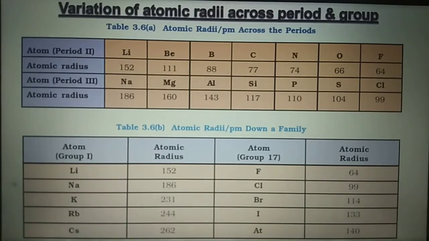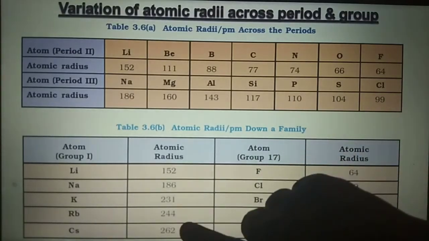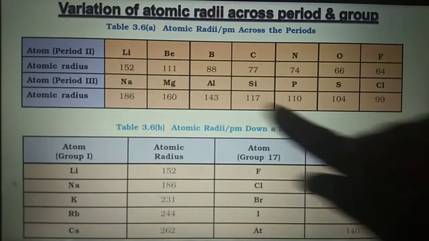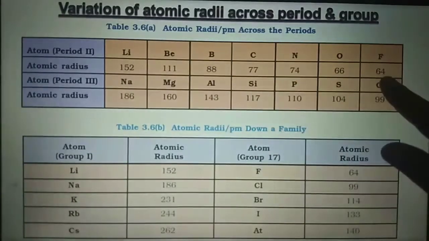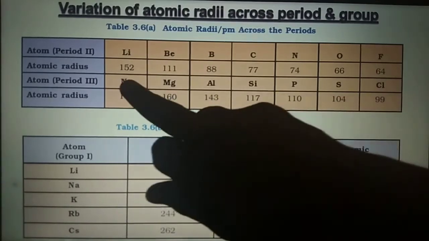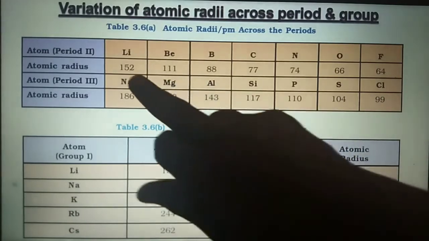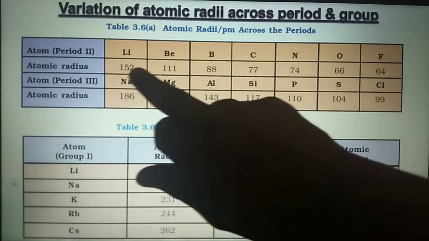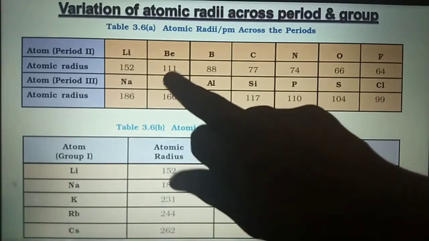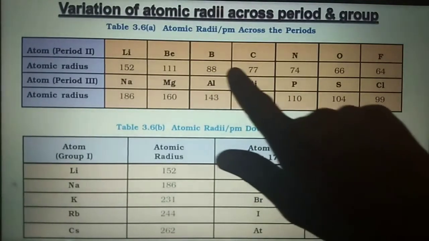Although it is required to mention that the increase or decrease in atomic size is not very regular, right? For example, you can observe that from 152 to 111 there is a decrease of more than 30 units, while from 88 to 77 there is a decrease of only 11 units.